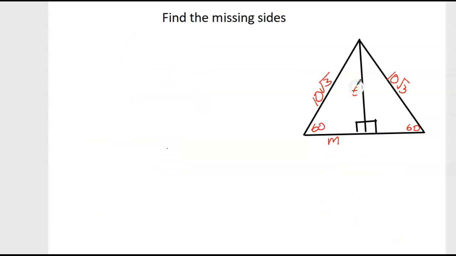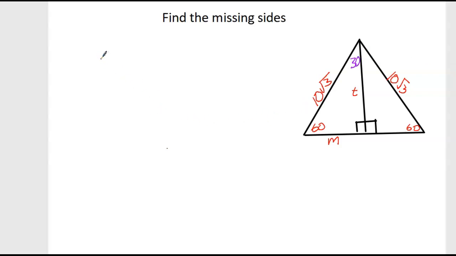Okay, so we have been asked to find our t and our m here. So we are considering one of the triangles. We have 90, 60, so obviously here is going to be 30 degrees.